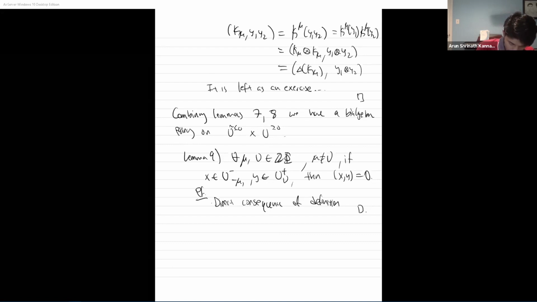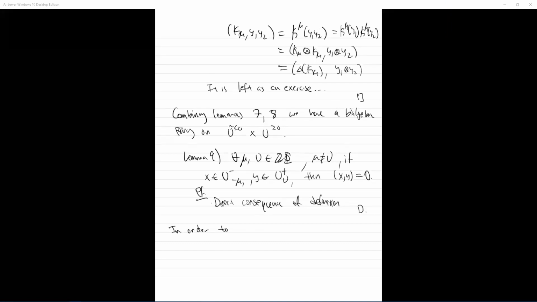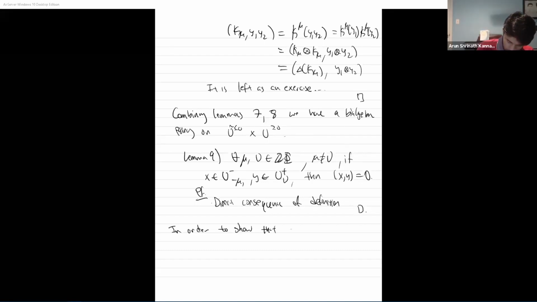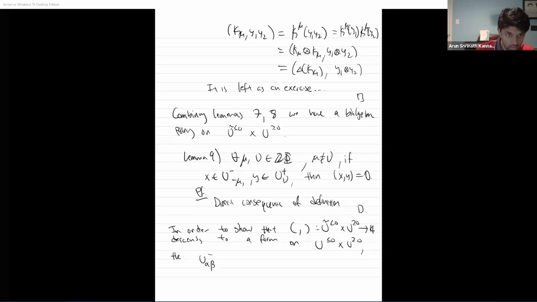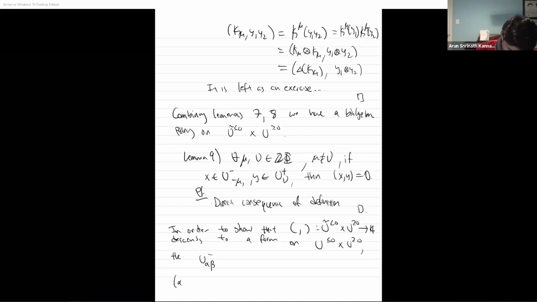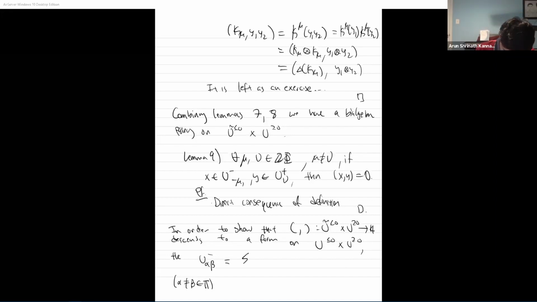In order to show that this form descends to a form on U less than or equal to 0 across U greater than or equal to 0, we check on the elements that form the Serre relations, the u alpha beta minus, where alpha and beta are not equal to each other and are simple roots, defined by the following.